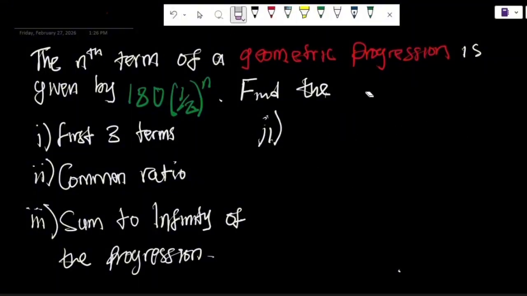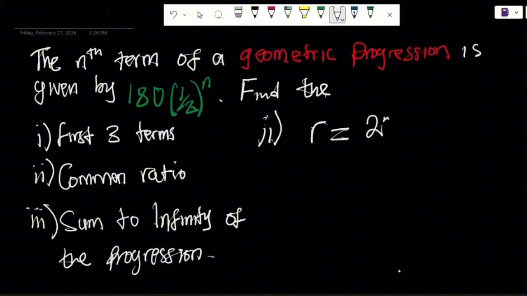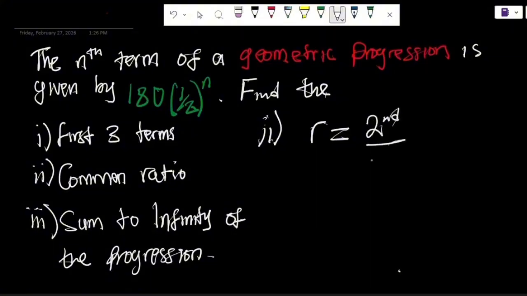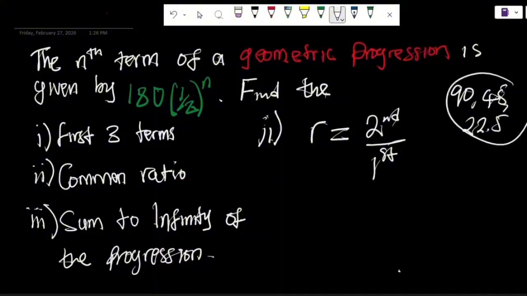So here the common ratio, remember, is given by the second term over the first term. Remember that we have 90, 45 and 22.5 as our first three terms.